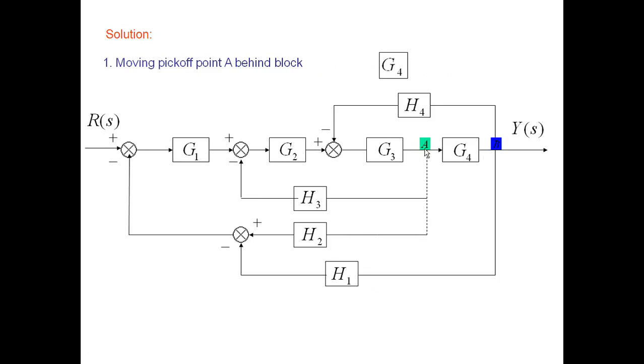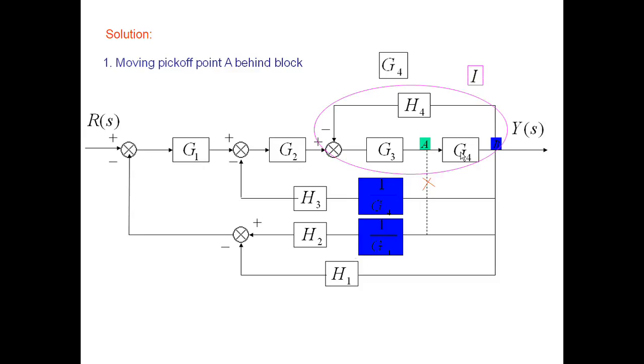Initially the effect of G4 is absent, but after shifting to the right hand side the effect gets introduced, so we need to divide H3 and H2 by G4. We introduce 1 by G4 blocks here, and those are cascaded, so we simply multiply.